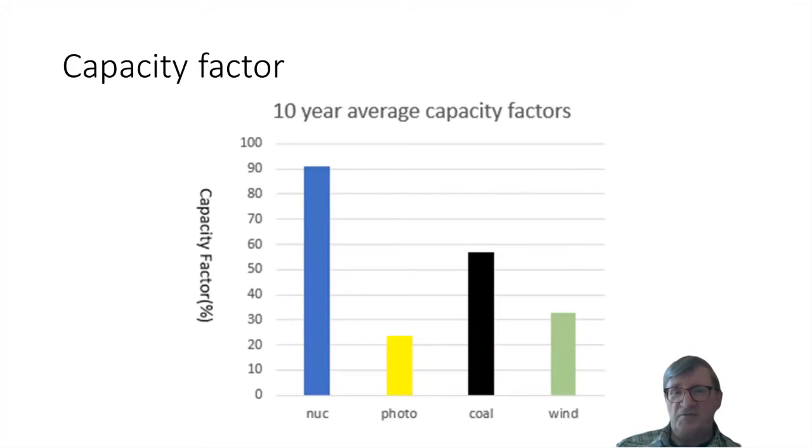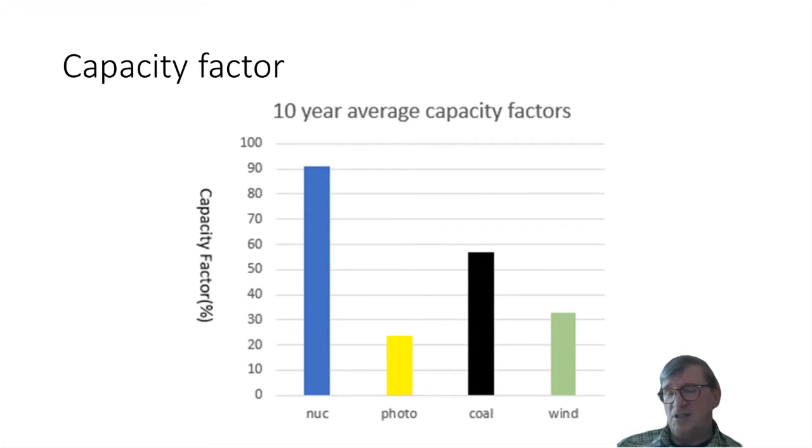This capacity factor is basically how much of the time a plant runs at its full or rated capacity. Nuclear is by far the highest, and photovoltaic is the lowest of the major technologies.